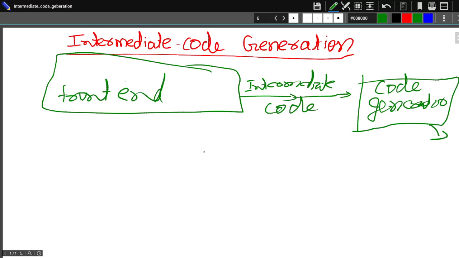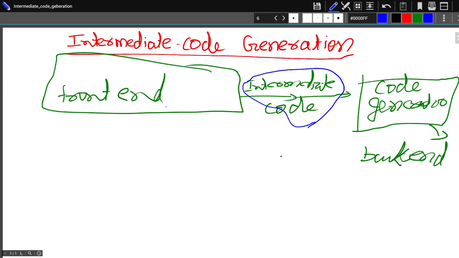Now this is the front end, this is the back end. So one thing we can understand is the front end is responsible for generating this intermediate code.